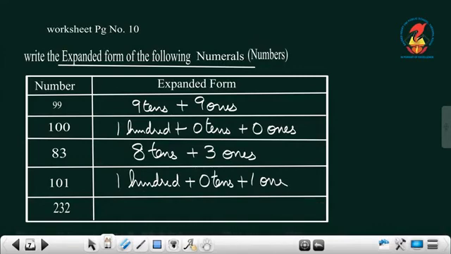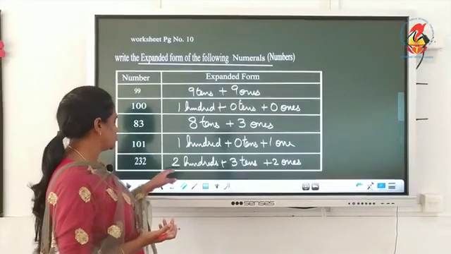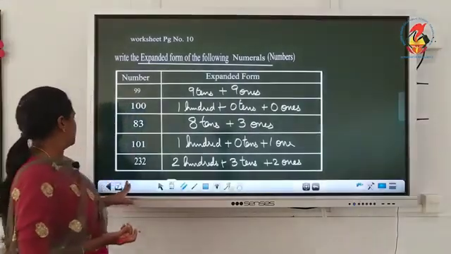How will you write? 2 is in ones place, 3 is in tens place, and another 2 is in hundreds place. So 200 plus 3 tens plus 2 ones. Got it? So there are certain questions you have to do it yourself.